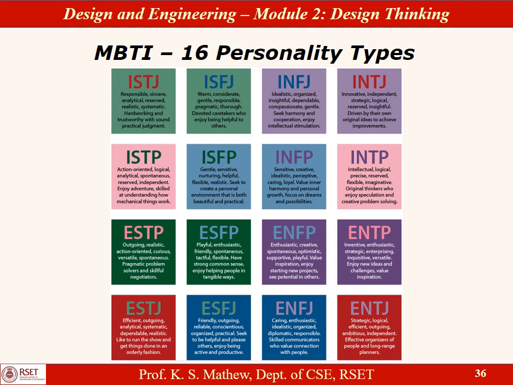So ISTJ, ISFJ, INFJ, like that. The description of that type of personality is also given in the boxes. So if a person is ISTJ, he will be responsible, sincere, analytical, reserved, realistic, systematic, hardworking, and trustworthy, with sound practical judgment. Similarly, for each type of personality, the characteristics of that person are described in the box.